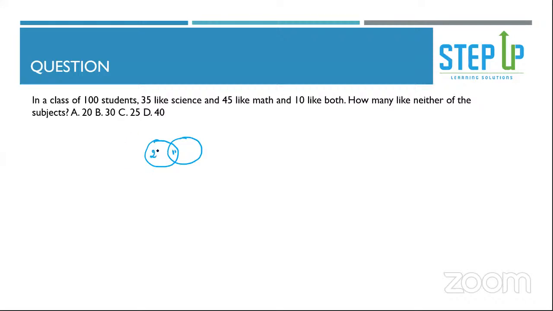So this is 10. It means that if it is 35 like science, only science will be 25. This is 10 and this is what? Maths 45. It means that this is 35. So this is 70, 25 plus 10 plus 35. But how many like neither? For neither, we need to subtract, that is 100 minus 70. You will get 30. So yeah, answer is 30. Fine. Okay, cool.